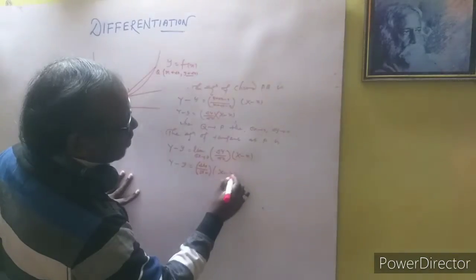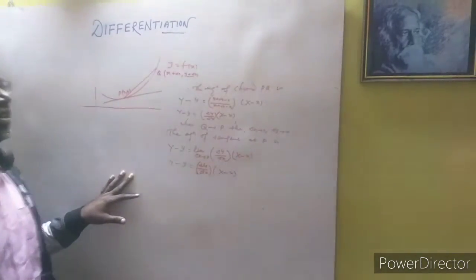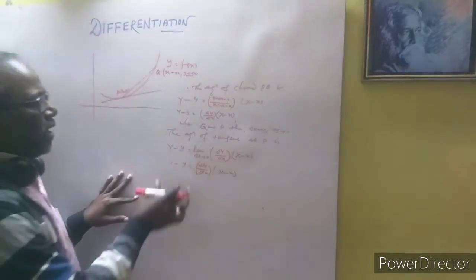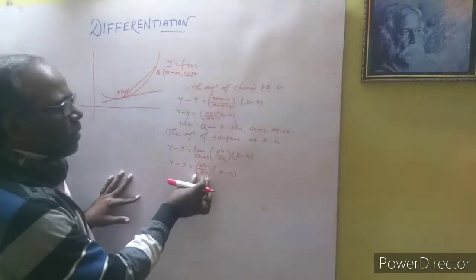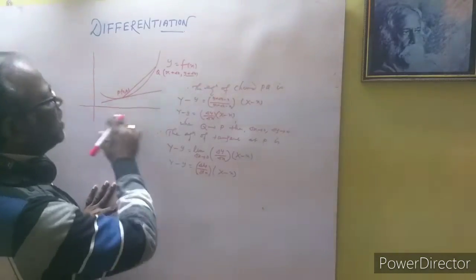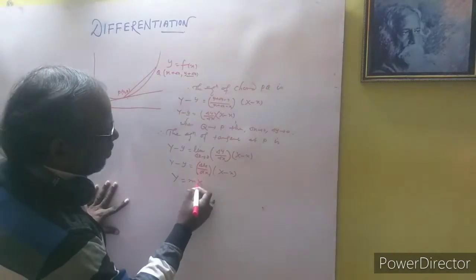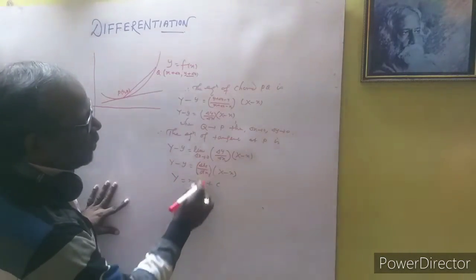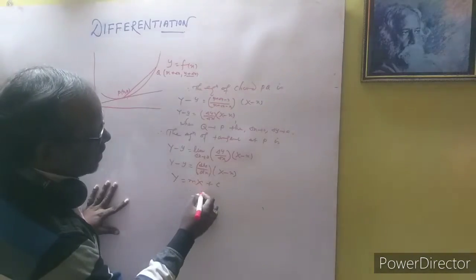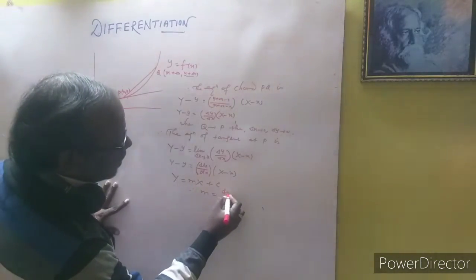And what is the meaning of dy by dx in this curve? Compare it with a straight line like y equal to mx plus c. If we compare these two lines, we can say m equal to dy by dx.